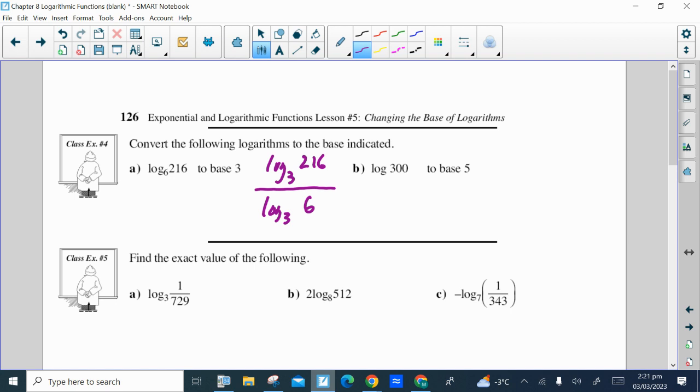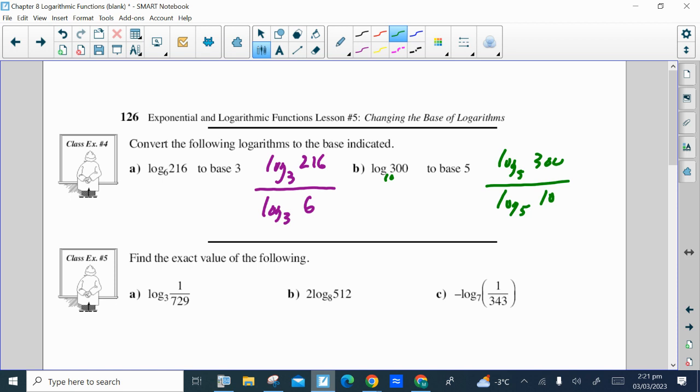It's the log of the argument divided by the log of the base. You're asked to write log of 300, which would be base 10, no base indicated, with a base of 5. So that would be log base 5 of 300 over log base 5 of 10. There's no base indicated for that log, which means it's base 10.